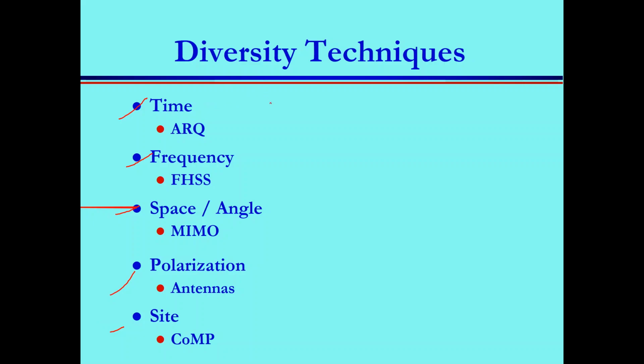Time: you send the same signal at different time instances. This is the basic definition of time diversity. Example of that, in wireless communication, we use what's called ARQ, automatic repeat request.